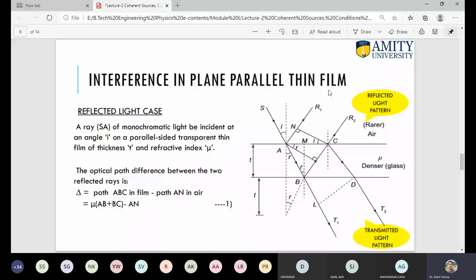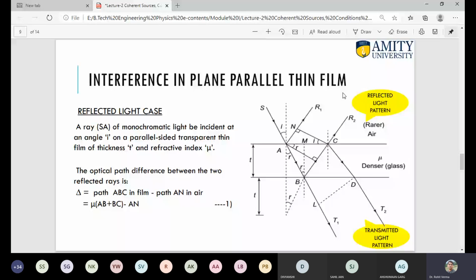As I have discussed, in the previous lecture we discussed the two requirements for writing the conditions of maxima and minima. We have discussed that constructive interference will be obtained at those points at which the path difference is an even multiple of half wavelength, and destructive interference will be obtained at those points at which the path difference is an odd multiple of half wavelength.